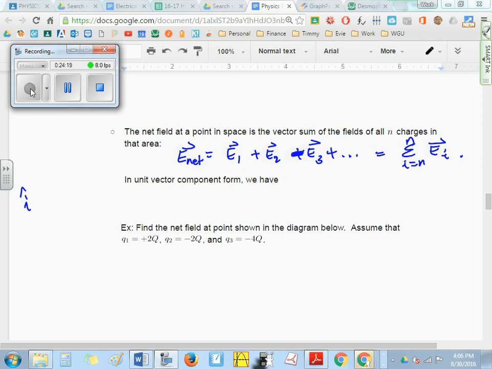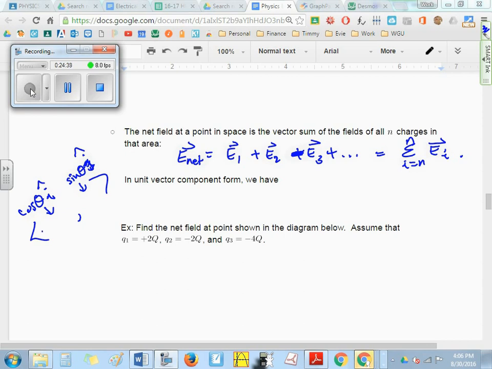So cos theta i hat and sine theta j hat, these are what I've been using when I put in the brackets two values.